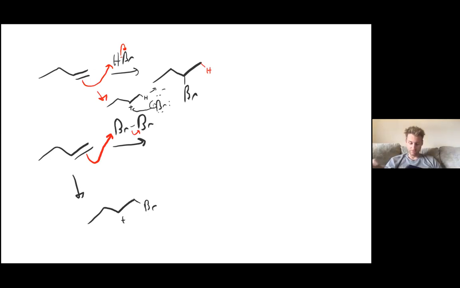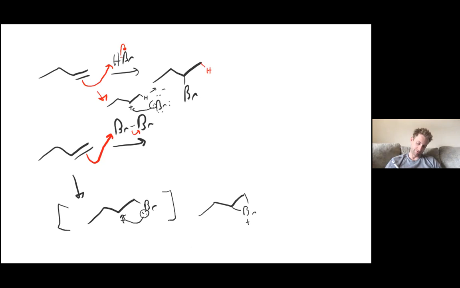This is going to close and make a 3-membered ring, just like we did with mercury acetate. And again, our positive is going to be mostly shared in that secondary center.